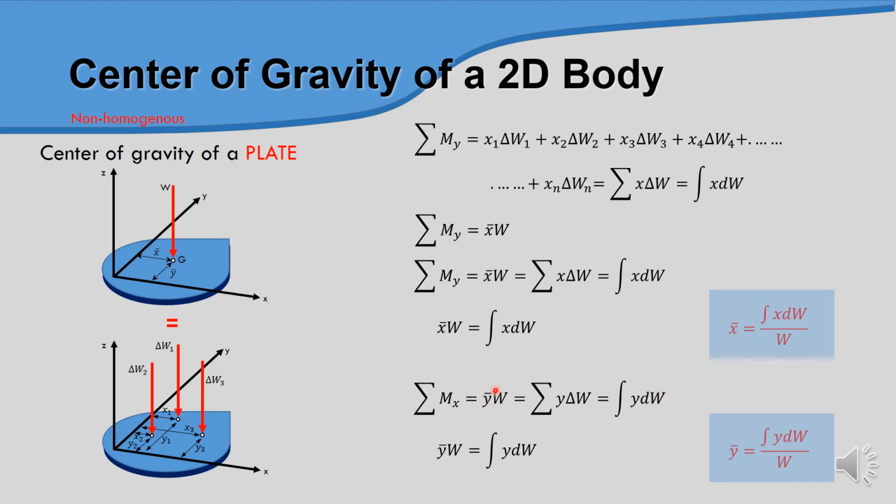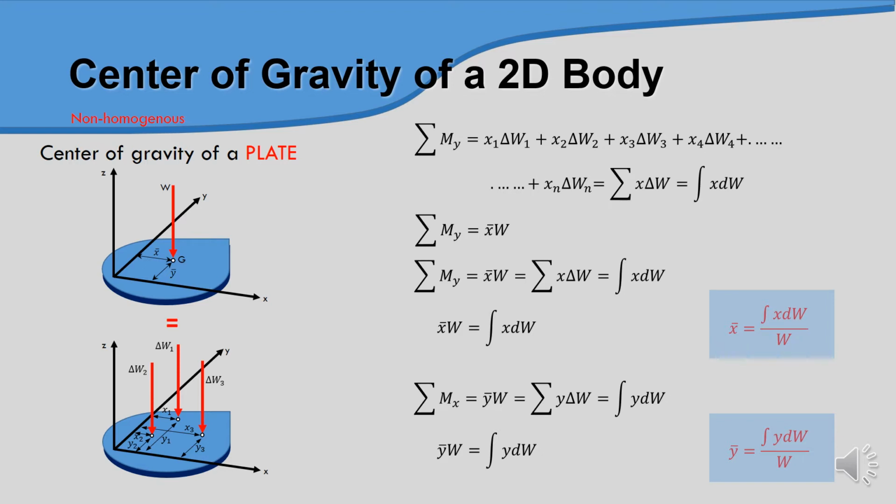So in order to get the y bar, basically we will use something like this, and it also happens to the x value. So in order to get the coordinates x bar and y bar, basically we will use something like this. Okay, this is for the non-homogeneous.